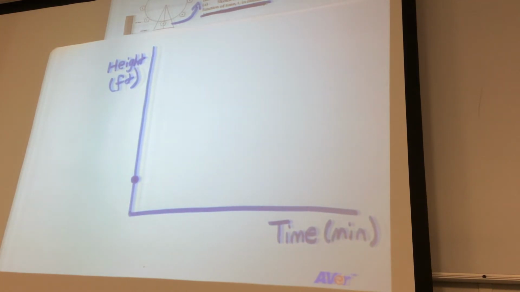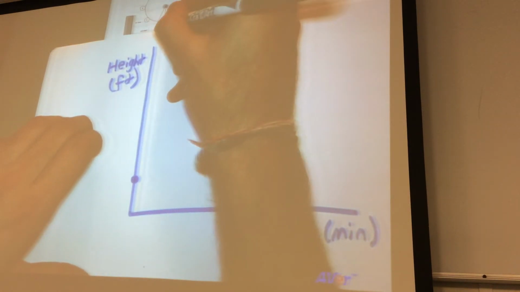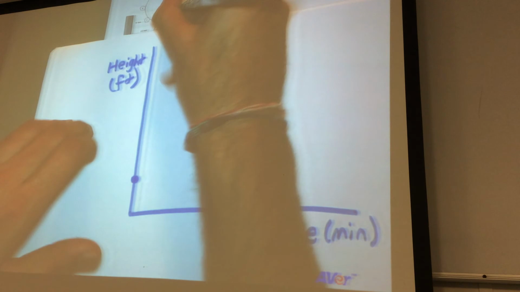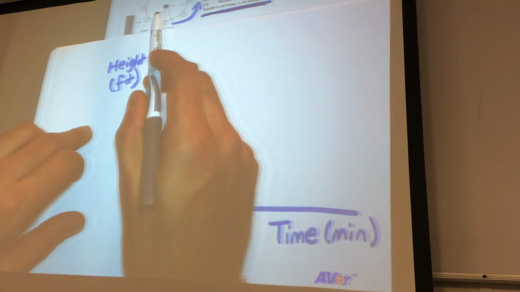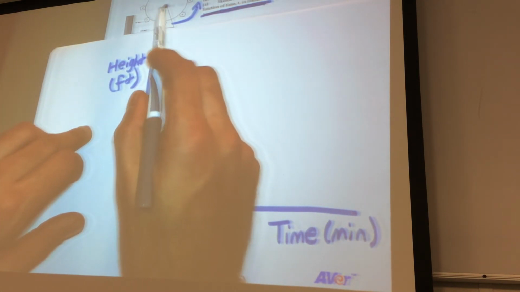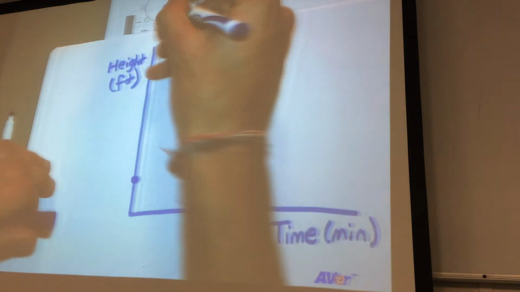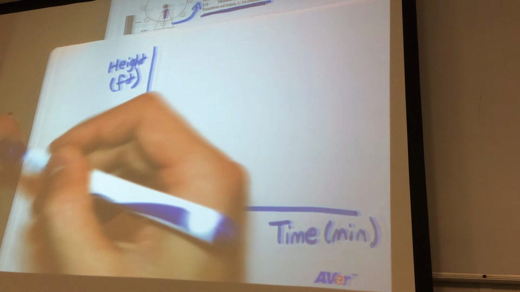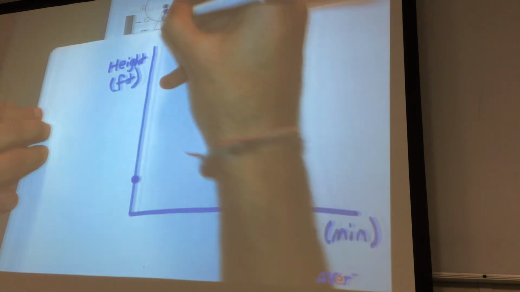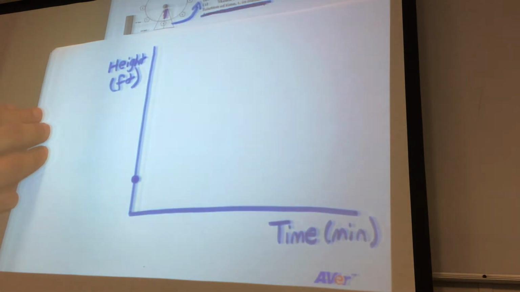Well, let's use some logic here. This distance from here to the ground is 80. This radius is 60. So how far off the ground is E? 20. Very good.